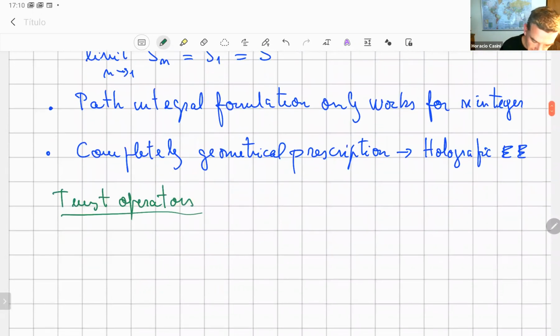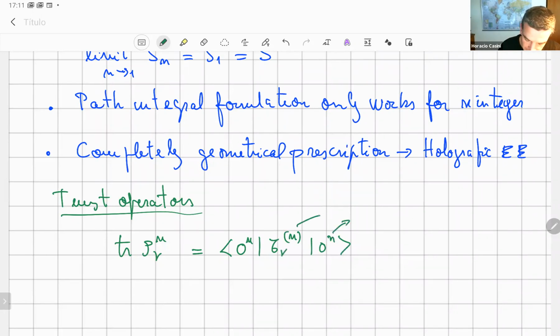And the idea is that the traces of rho to the n for integer powers are in fact vacuum expectation values, or expectation values in the state you are looking at, of some operators, where here I put in this n, meaning that it is in the replicated theory.